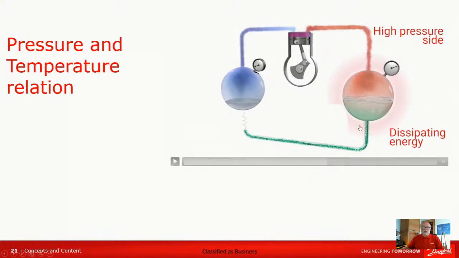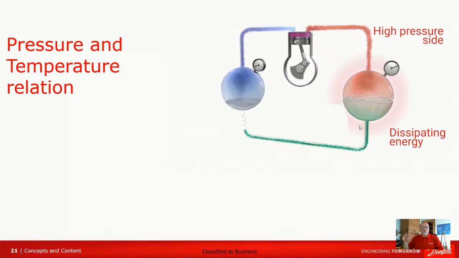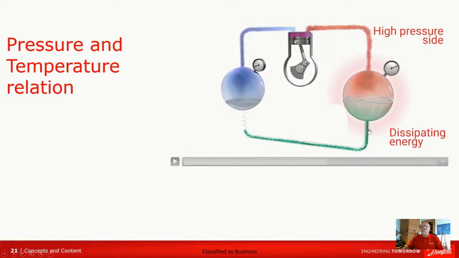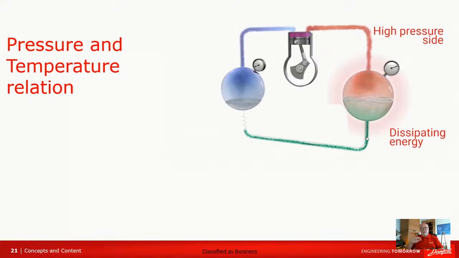Then the liquid itself would also be cooled down, so that the liquid temperature will be below the condensing temperature. And again, just like the superheat, the subcooling will be the temperature difference from the condensing temperature to the liquid temperature.